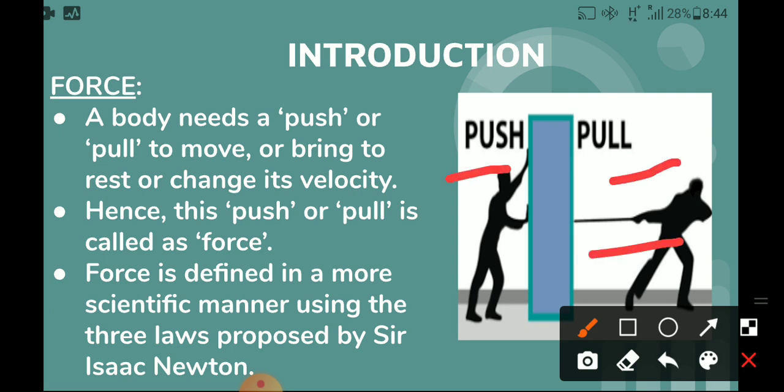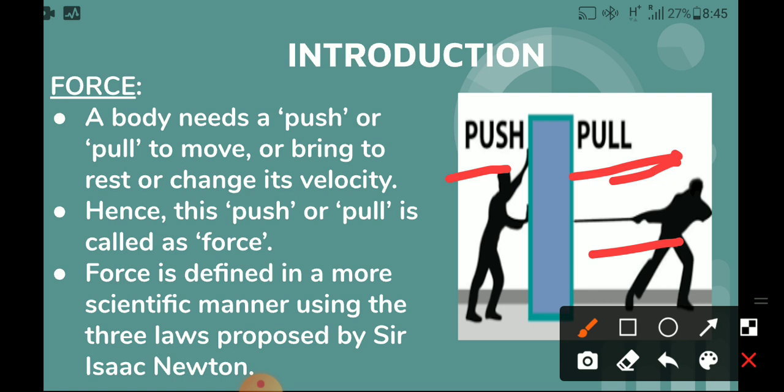Most people, even kindergarten kids today, know what push and pull is, because they are seeing those boards in the malls, clinics, and a few public places. So this is what force is, you can easily remember it. What is force? Push or pull. Your body needs a push or pull to move, or to be brought to rest, or to change its velocity. Hence this push or pull is called force.